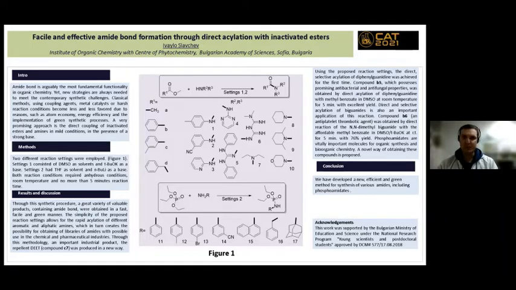But nowadays, with new requirements about the greenness and sustainability of chemical processes, some of those early approaches are going out of fashion. For example, the use of coupling agents, which is classical for amide bond formation, is less and less popular because it creates a lot of waste material.